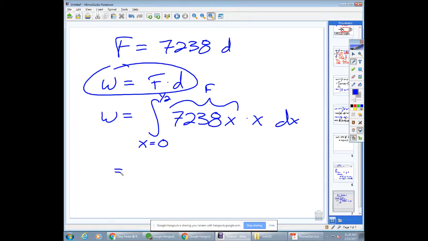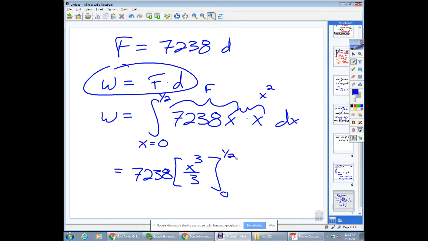So we're just going to pull out our constant of 7,238. That leaves us with x squared, and the antiderivative for x squared is x cubed over 3. And we are integrating that from 0 to 1/2.